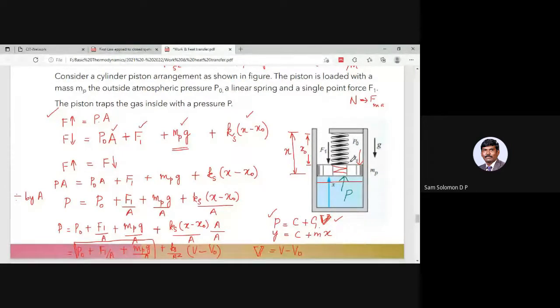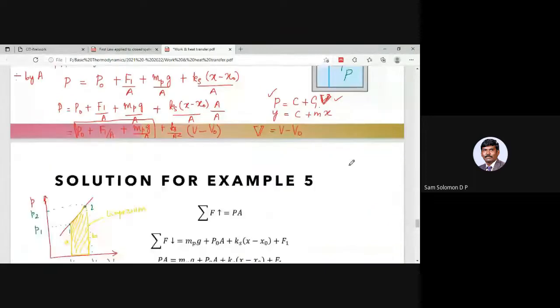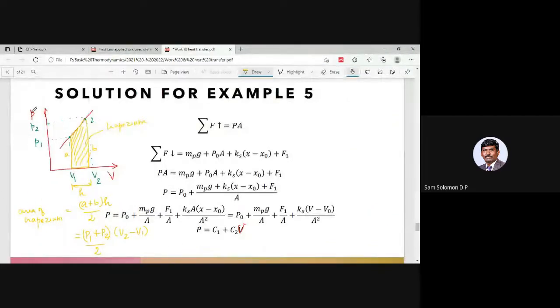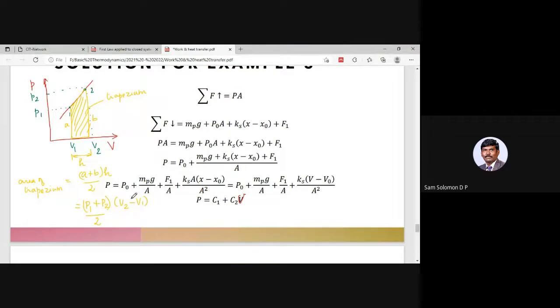Whenever you have a problem involving a spring constant, the atmospheric pressure and the gravitational force, the relationship between pressure and volume becomes a linear equation wherein you can use this formula directly. In GATE questions or competitive exams, you will find questions from this. Not necessarily in your semester exam, but this is a problem which you will find in the competitive exams.